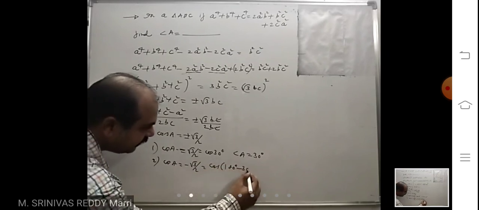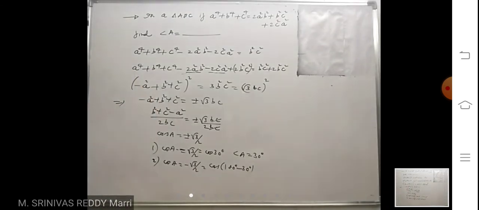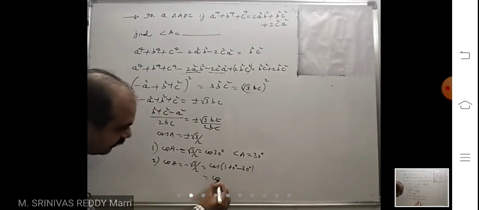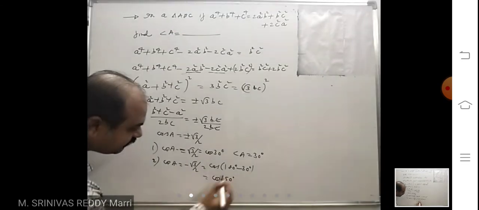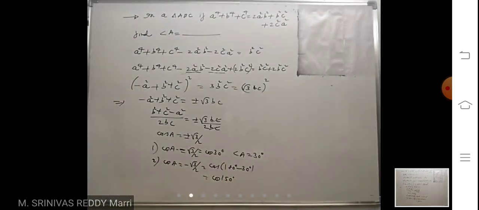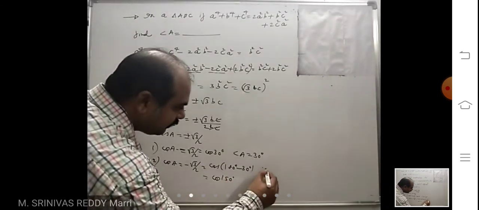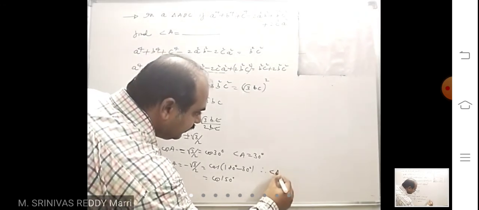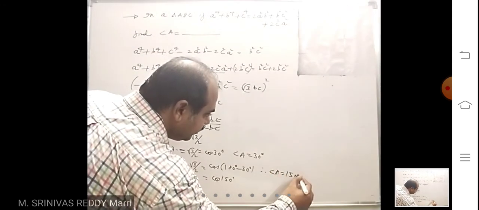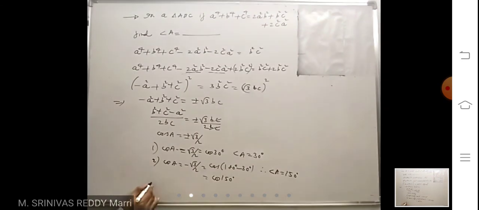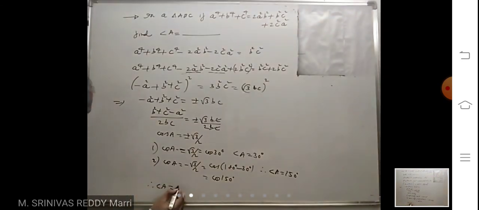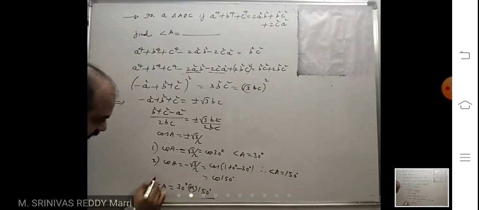Cos of 180 minus 30 degrees, that means cos 150 degrees. Therefore angle A is also 150 degrees. So angle A can be 30 degrees or 150 degrees.